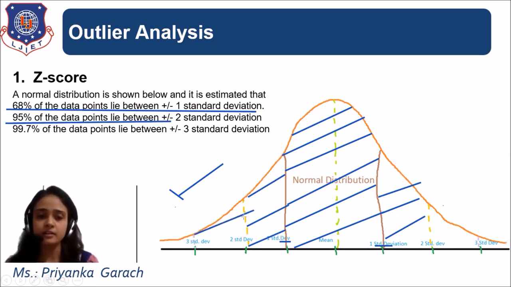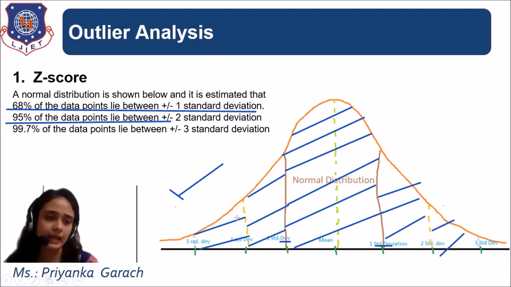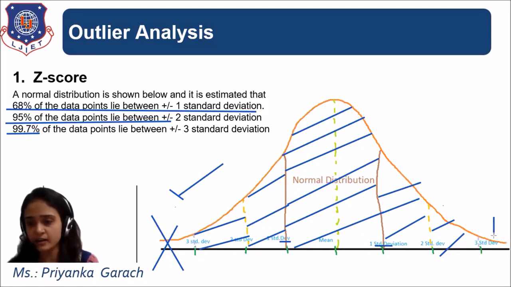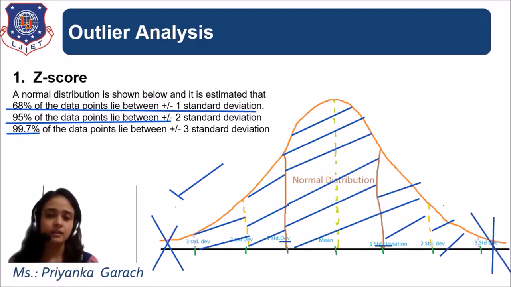Now if I consider the range from the third standard deviation to the third standard deviation, then this area covers 99.7% of my data points. So only a few data points are outside the standard deviations on the left hand side and the right hand side.